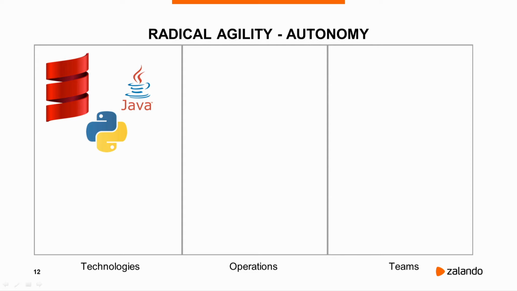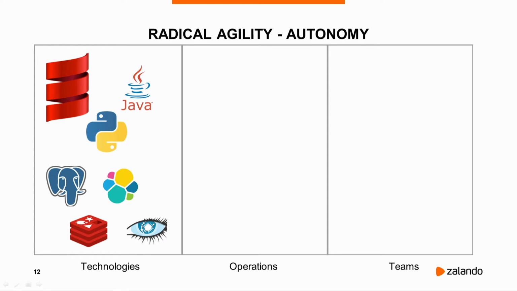So if you want to build things using Scala, Java, Python, Ruby, any application, you can choose any stack, any technology, any language. And as well, you need to select the persistence layer. You can use Postgres, MySQL, Oracle, Cassandra, whatever you need.